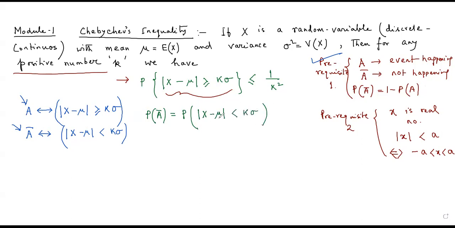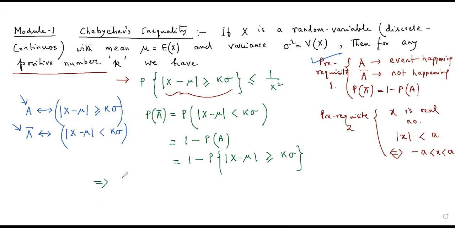Because this is my A bar, and probability of A bar actually means 1 minus probability of A. Now I am going to substitute the expression for A that I have considered over here. So it is 1 minus probability of this quantity, mod of x minus mu greater than or equal to k sigma. This is my A, and from this I can actually write the following.